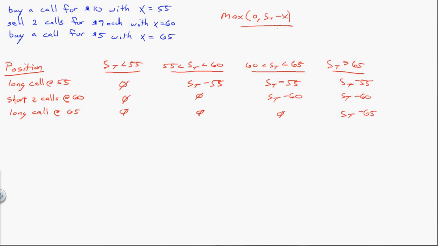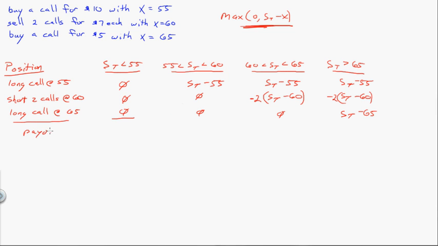Okay, now that we have that done, all this follows the payoff function. Now what happens, we're long 1 here, so we don't have to worry about it. We're short 2 here, so if you have 2 options, you multiply the payoff for one option times 2, and if you're short, you multiply by -1. And now you just add this up.